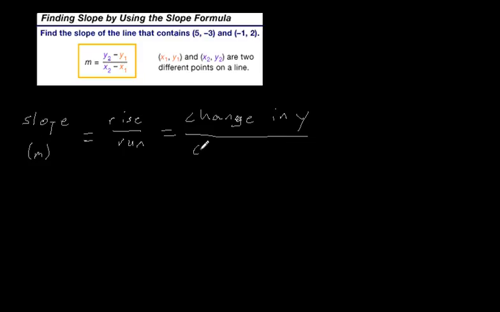You can look at that informally as the rise over the run, or more formally as the rate of change in the y, the dependent variable, over the rate of change in the x, the independent variable.